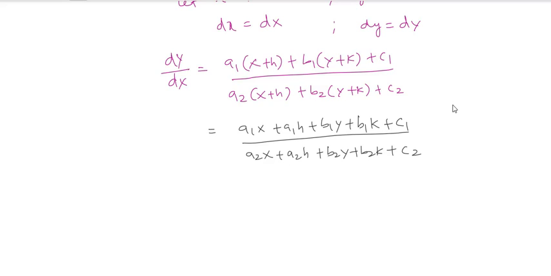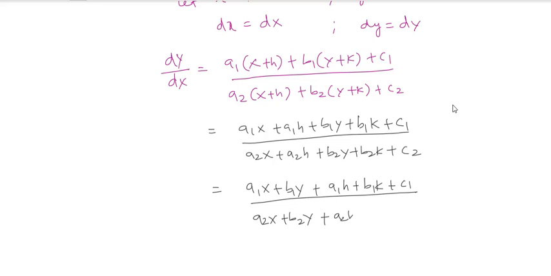X terms on one side and constants on the other side I will represent as a1X plus b1Y plus a1h plus b1k plus c1, divided by, similar to the earlier case, a2X plus b2Y plus a2h plus b2k plus c2. So this is the particular analysis.